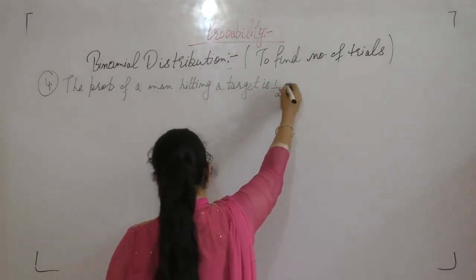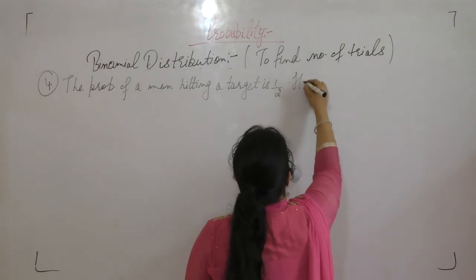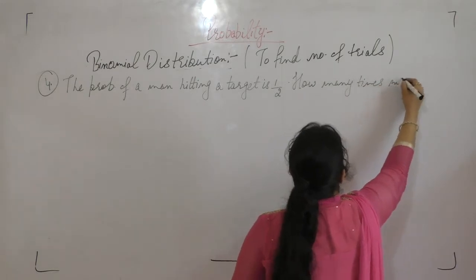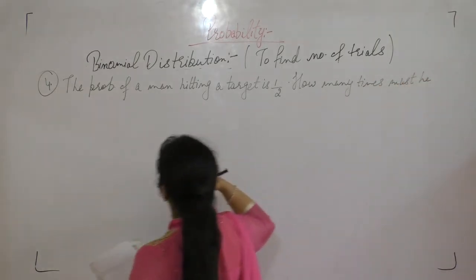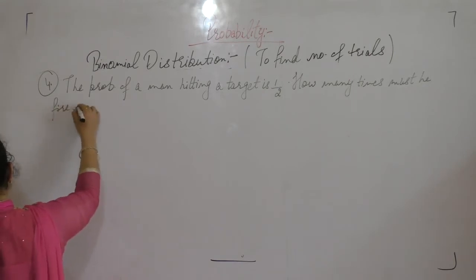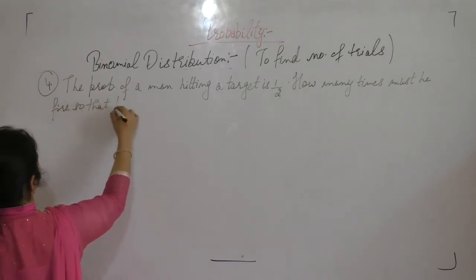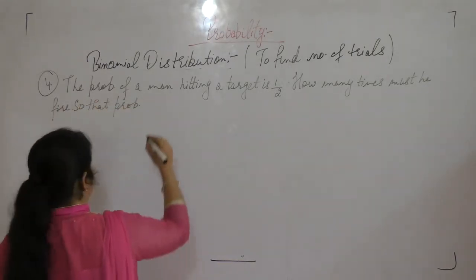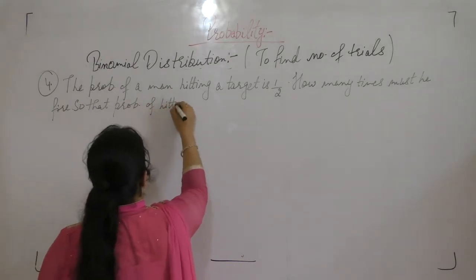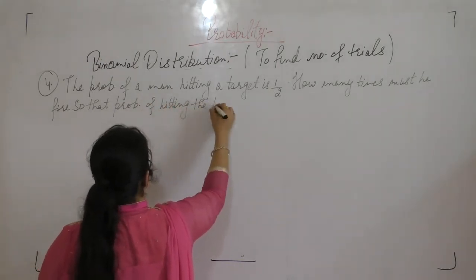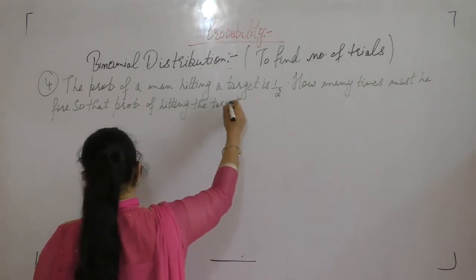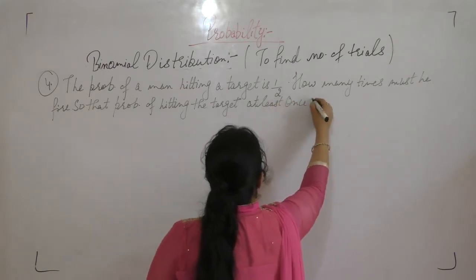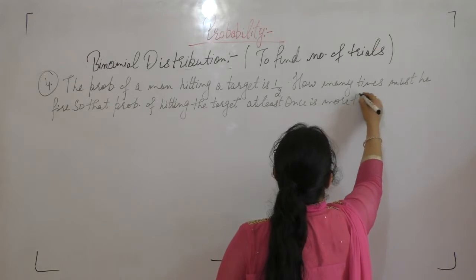is 1/2, how many times must he fire so that the probability of hitting the target at least once is more than 90%?